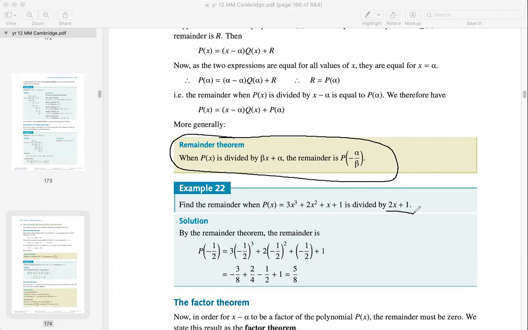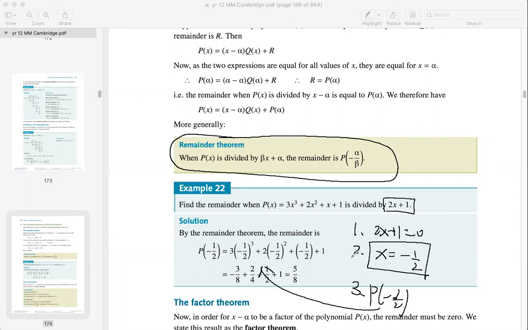If you divide by any polynomial like 2x plus 1, first step, make 2x plus 1 equal 0. Second step, solve for x, which is negative half. Third step, plug negative half in. This is the remainder theorem.